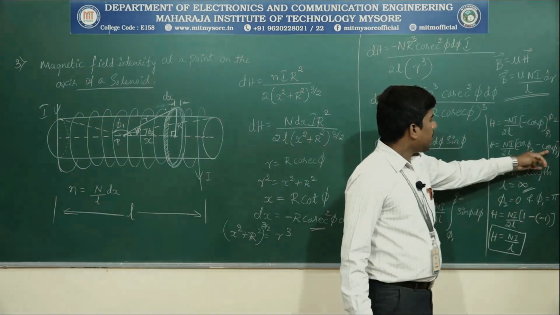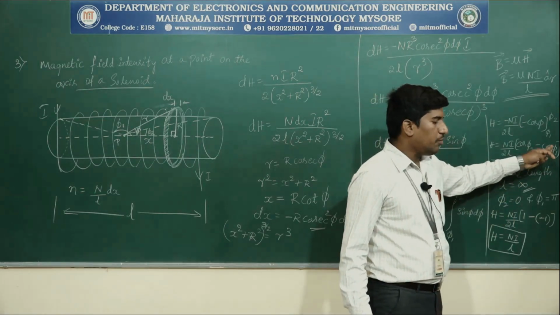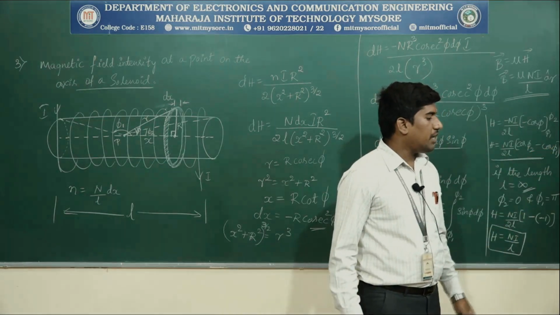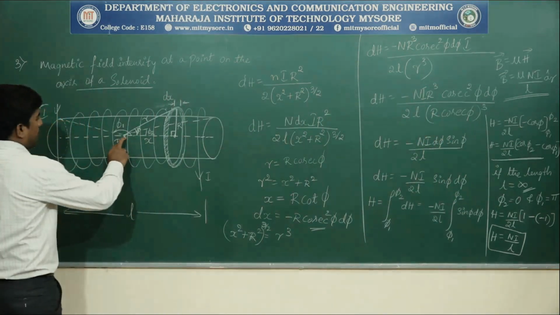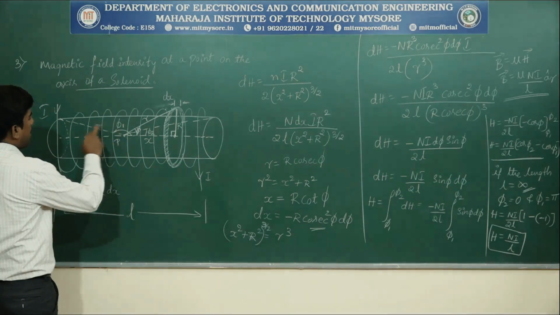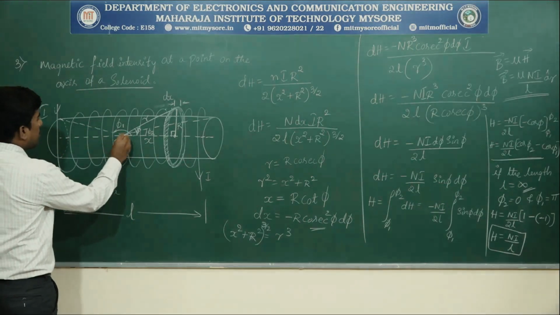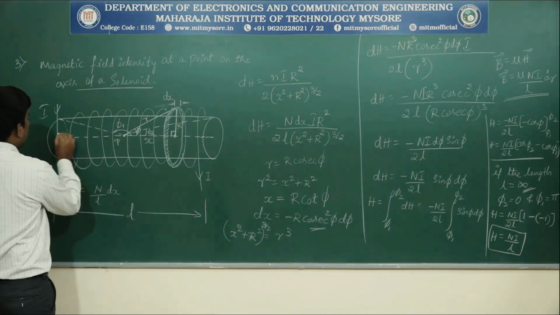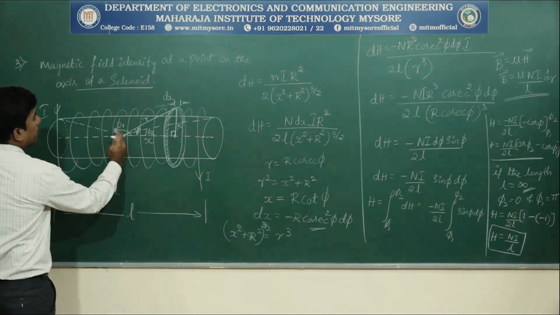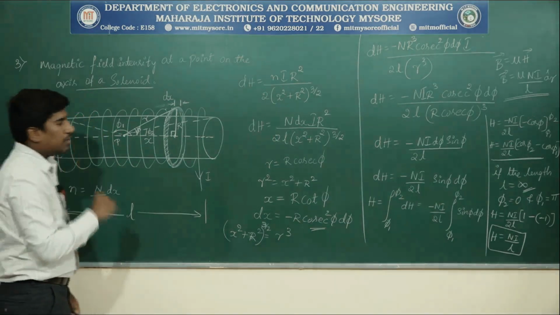When phi 1 becomes pi by 2, it means this point P is at the end of the solenoid. When this point is at the end of the solenoid, this phi 1 becomes pi by 2.